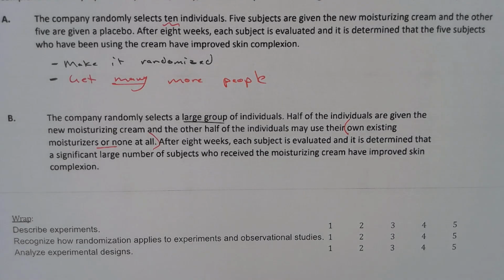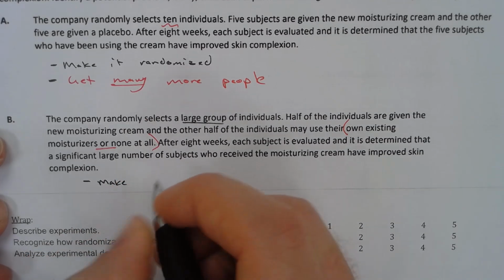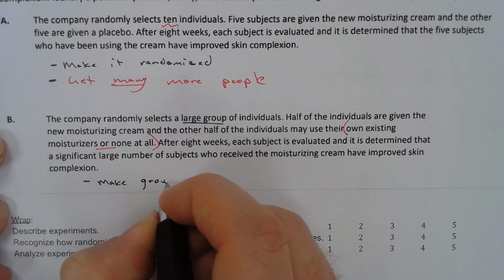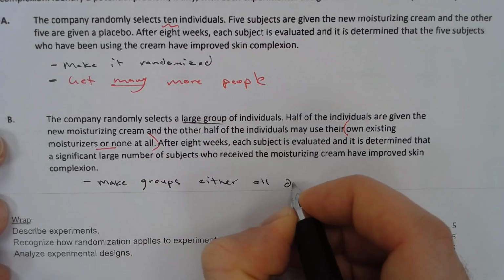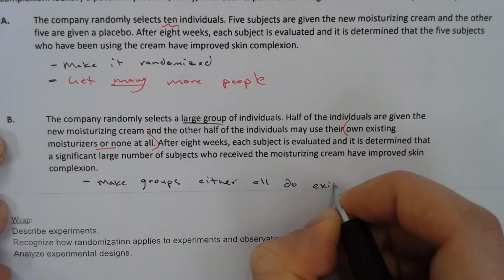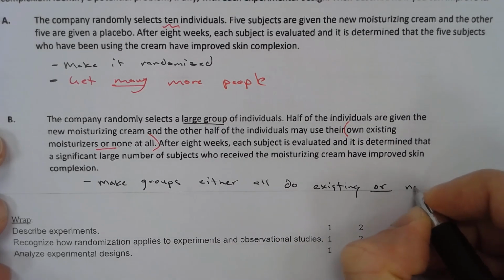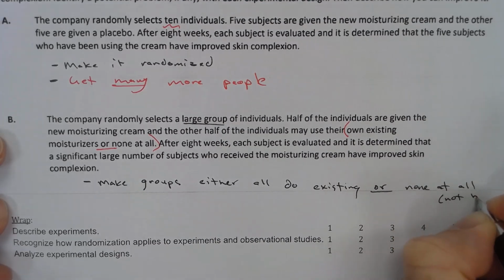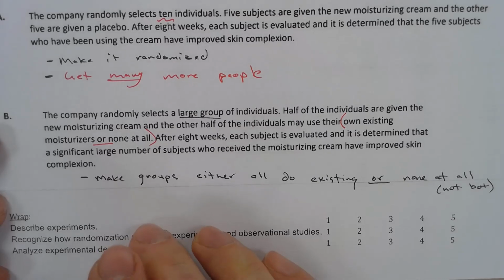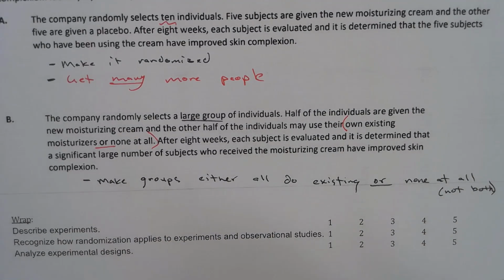So we could either say, make groups either all do existing or none at all. Not both. That's a key problem there. Both, because that just adds in an extra variable to it. You want them to be as similar as possible.